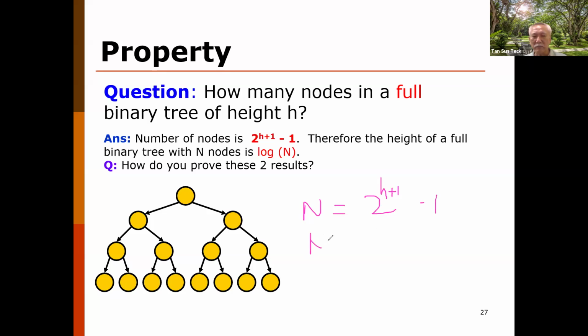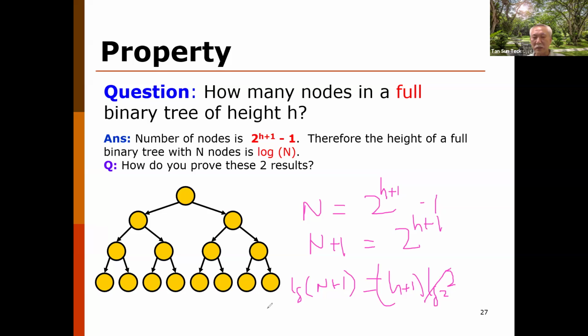So this will be n plus 1 is equal to 2 to the power h plus 1. If you take log on both sides, log of n plus 1 will be equal to log of 2 to the power h plus 1, and h plus 1 can go to the front, and then log 2. For us, the log is actually base 2, because it's binary. So log 2 is actually equal to 1.